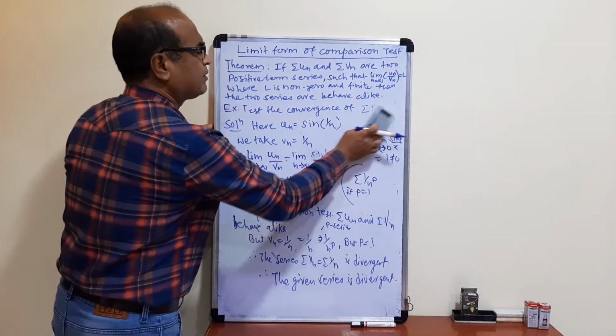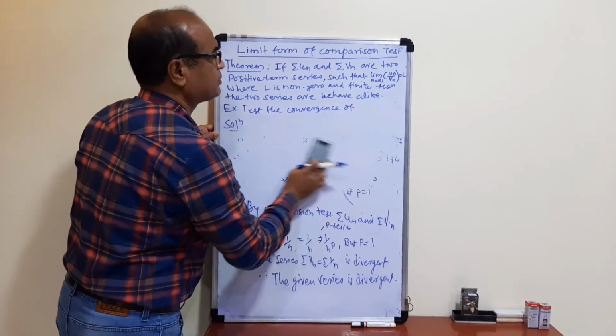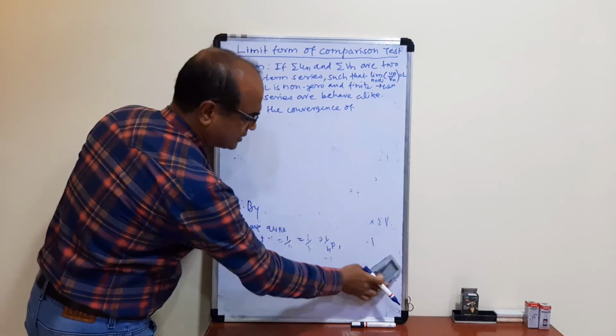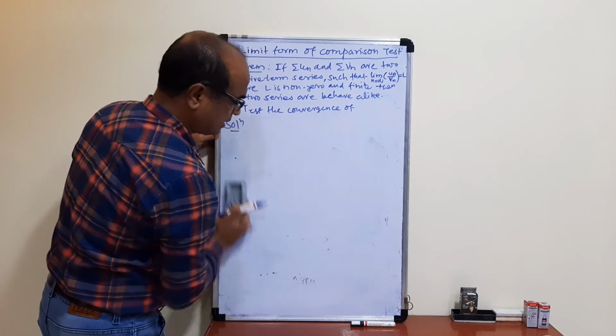Okay, so let us take more examples of this type. That is the limit form of the comparison test. Take another very simple example.